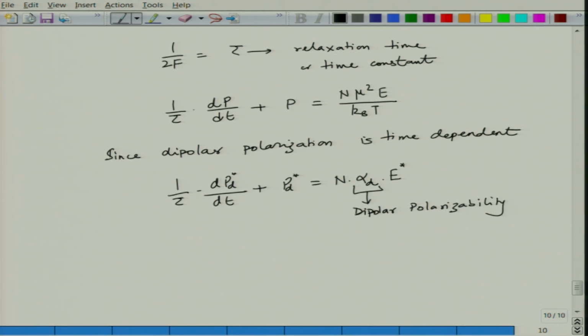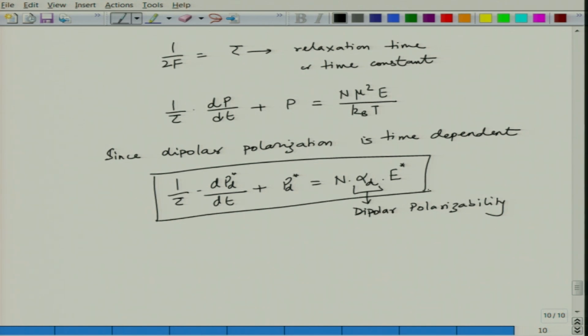Here, at 0 frequency, this is the expression that we get: 1 over tau dP/dt plus P is equal to N alpha E. What is this N alpha E? This is the time variation of dipolar polarization, which means it should be the net or saturation polarization that we obtain after sufficiently long times.